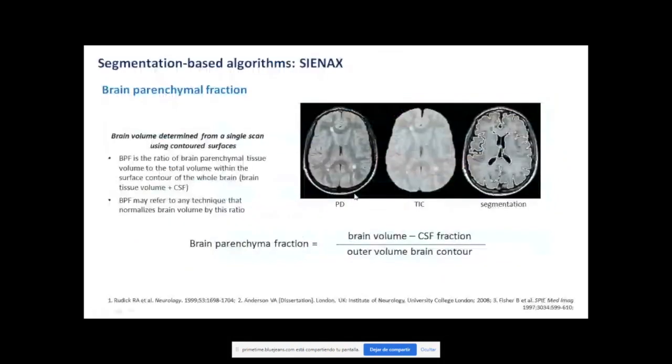So let's see an example. This is an old example that we obtained in our lab using a segmentation-based tool. There are also some available tools in which we segment the brain. We normalize this brain volume according to the head size, and then we can obtain measures such as brain parenchymal fraction or the normalized brain volume, which are ideal for assessing cross-sectional studies.